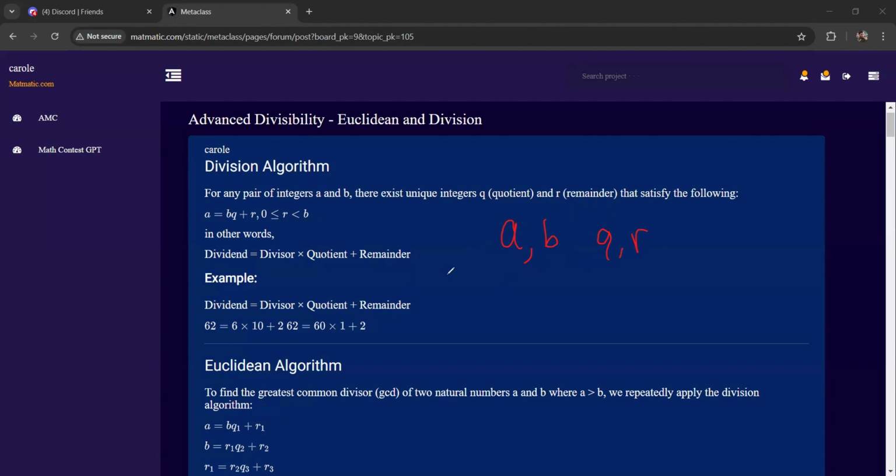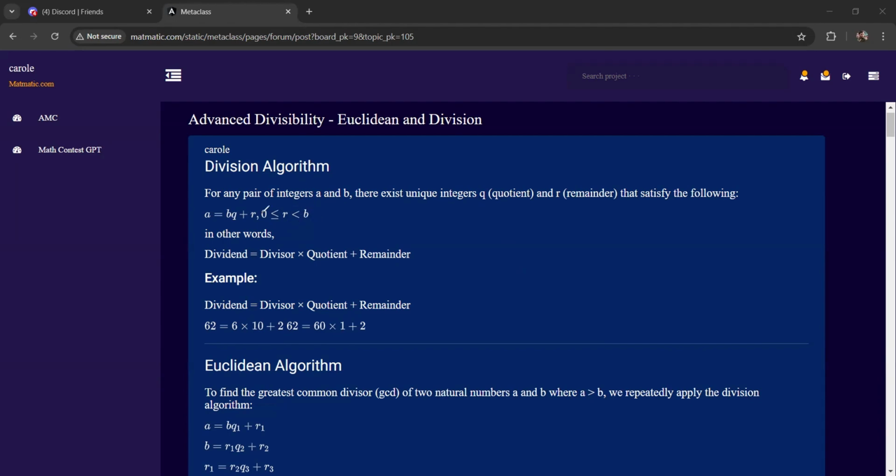And these four integers will satisfy the following formula, which is A equals BQ plus R, and R is greater than or equal to 0 and less than B.